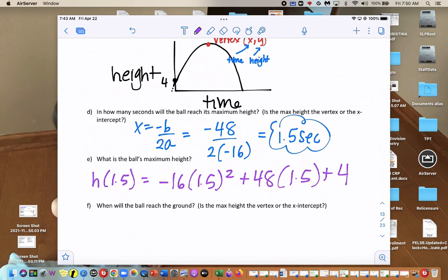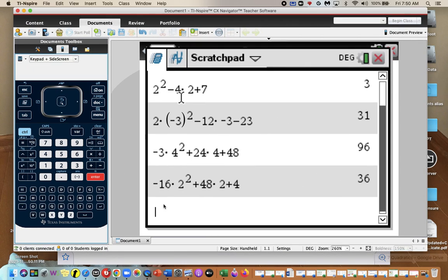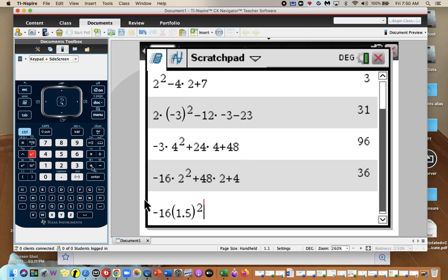And again, we can just type that in here. Negative 16 times 1.5 squared plus 48 times 1.5 plus 4.